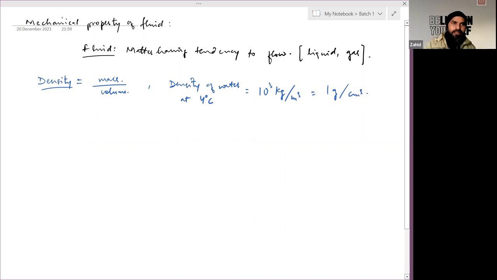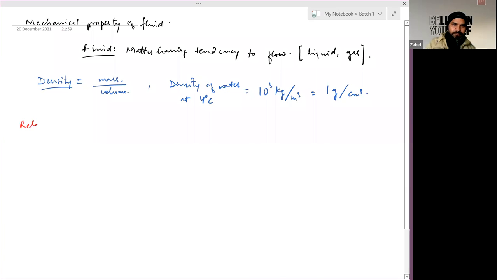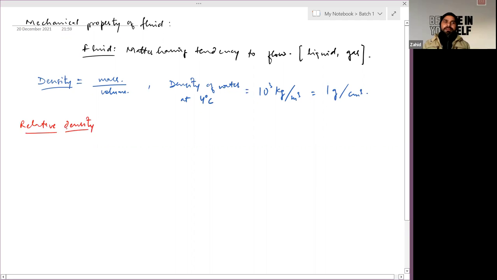Now we can define another term related to this density, relative density. You must have learned about this in class 9th. Relative density is simply the ratio of density of any substance with respect to density of water at 4 degrees Celsius.